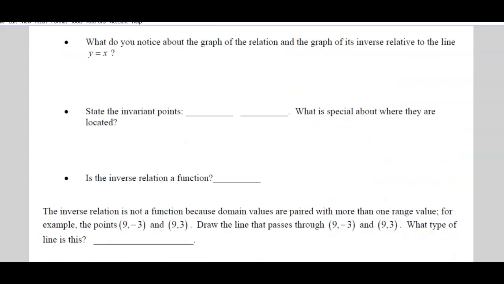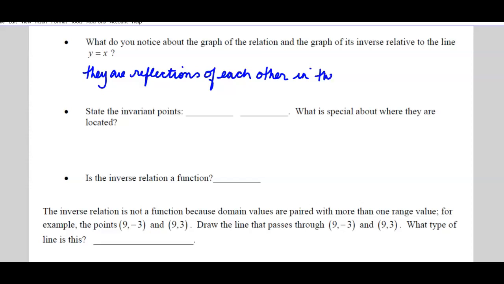Okay. What do you notice about the graph of the relation relative to the line? So they are reflections of each other. Remember, you can use in or about, or over, I guess you could use.